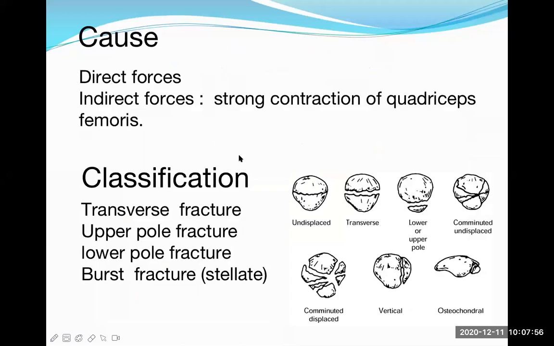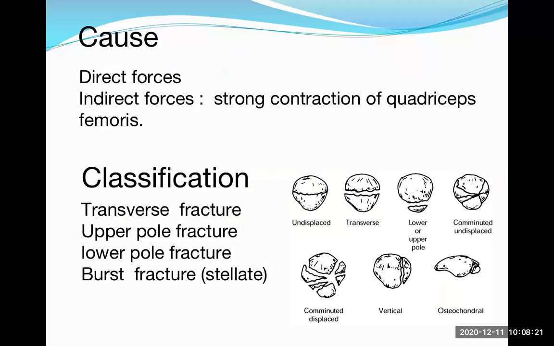What are the causes of patellar fracture? The causes can be direct forces, severe injury directly to the patella can fracture it, or indirect forces like strong contraction of quadriceps femoris muscle. Patella is present inside the tendon of quadriceps femoris. Okay, we all know that.